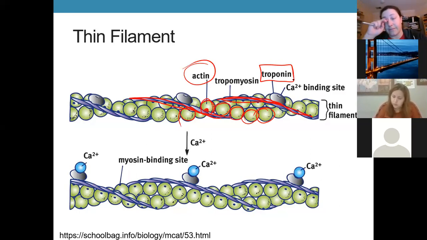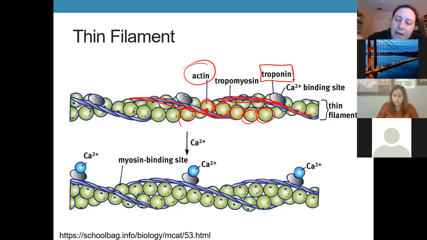Tropomyosin is just kind of there. Think of going to a parking structure where you have to pay to get out, and then the little gate raises. Tropomyosin is like the little wooden gate that raises to let the car out, and troponin is the guy in the booth actually hitting the button.